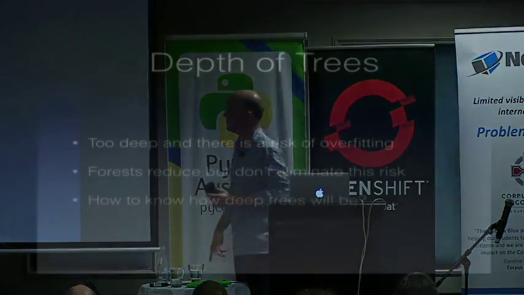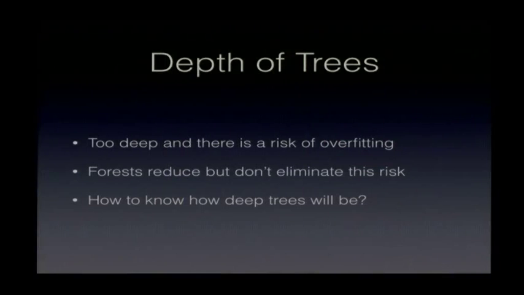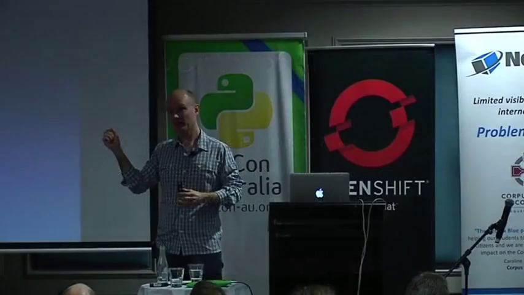The third tuning parameter is the depth of the trees. How deep do you make them? If you go too deep, you risk overfitting the data. Okay? Remember that the leaves of the tree in a regression problem contain typically only one sample and therefore one value. Okay?